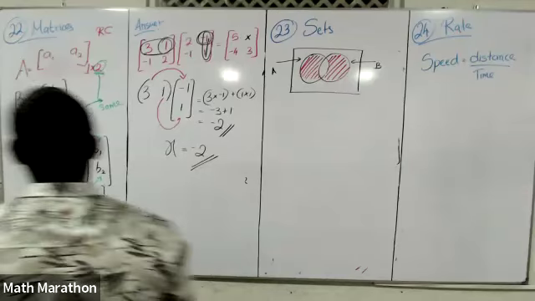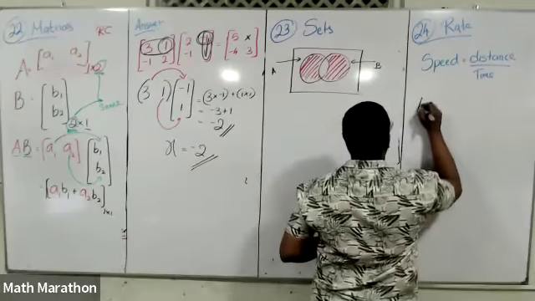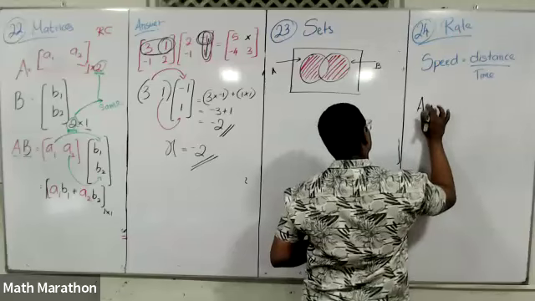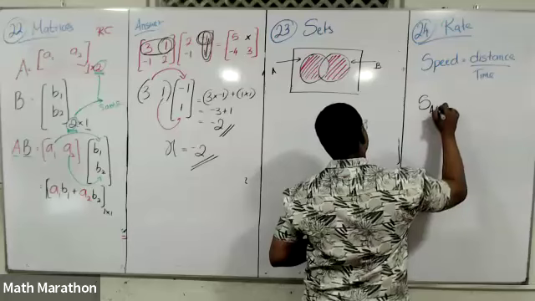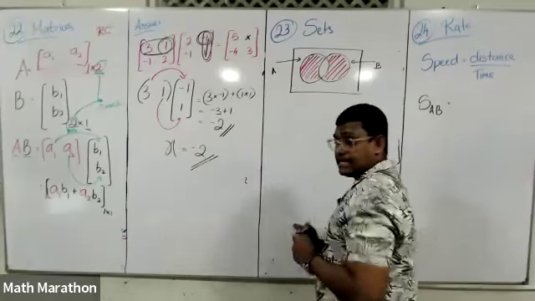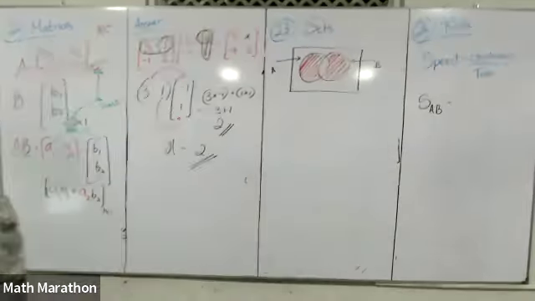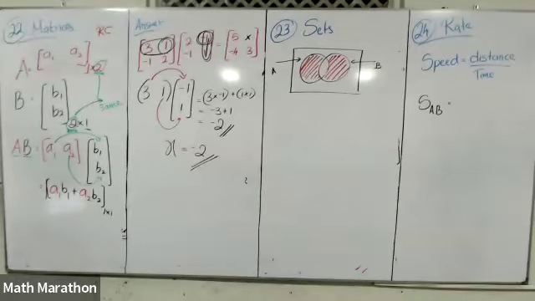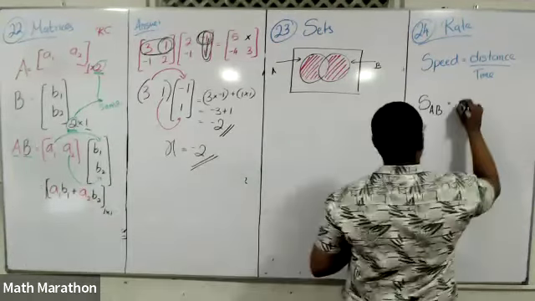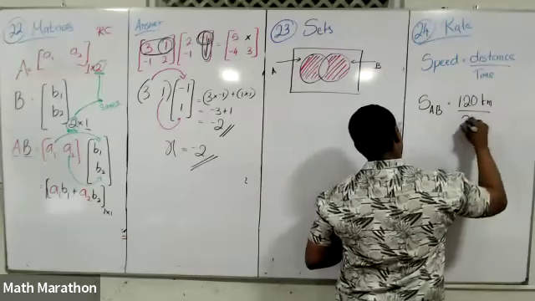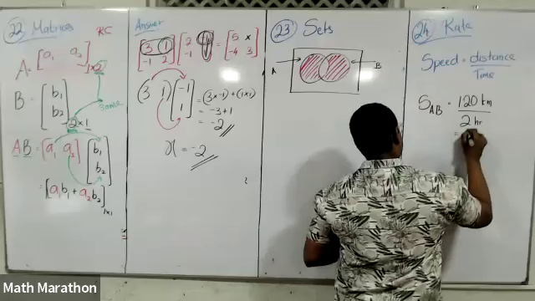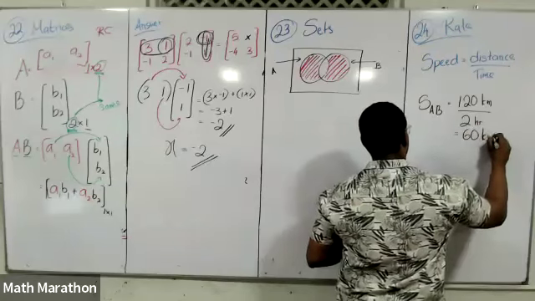So from A to B, the speed of AB. The distance is from A to B. It has traveled 120 kilometers in 2 hours. That is 60 kilometers per hour.